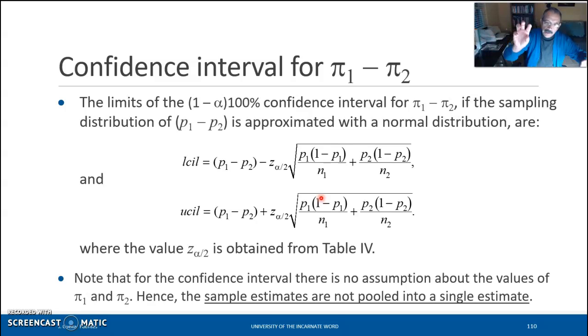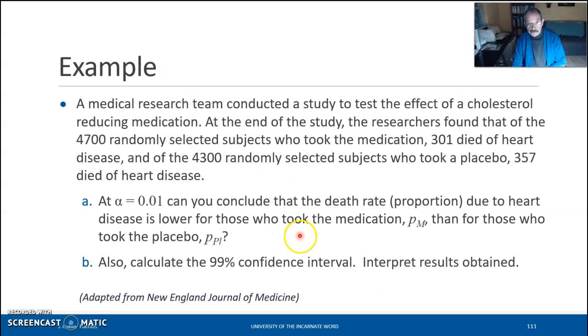When we're using the confidence interval equation, we do not pool the proportions into a single estimate, as we do when testing a hypothesis and calculating the test statistic. So be careful with making that distinction so that you don't make a mistake when you're calculating the confidence intervals.